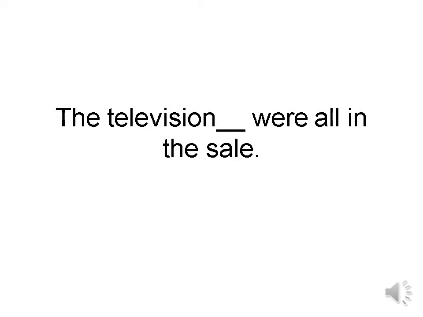Here there is no belonging, and because of that word were, we just add an s. Were tells us that there is more than one television, so it is just adding an s, no apostrophe in this instance. The televisions were all in the sale. If it was one television, of course it would be was, the television was in the sale. But because of that word were, it's just adding an S.